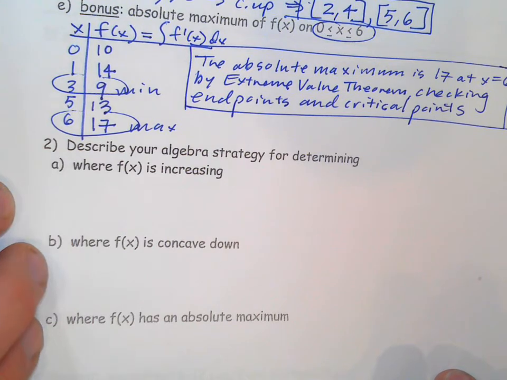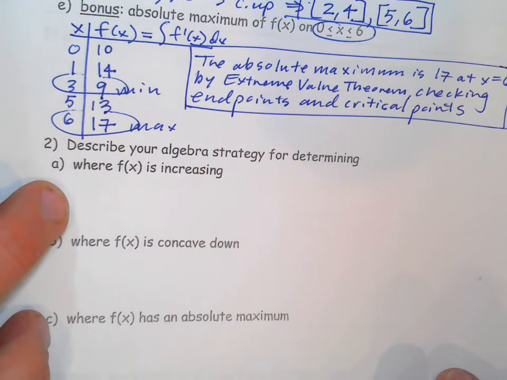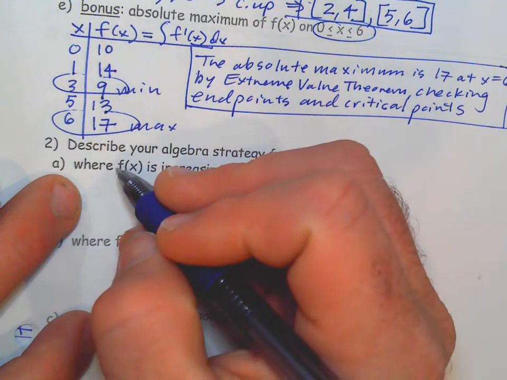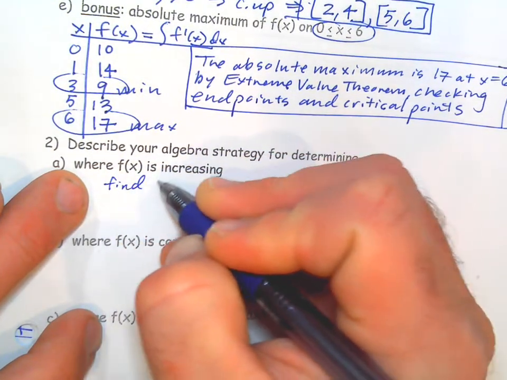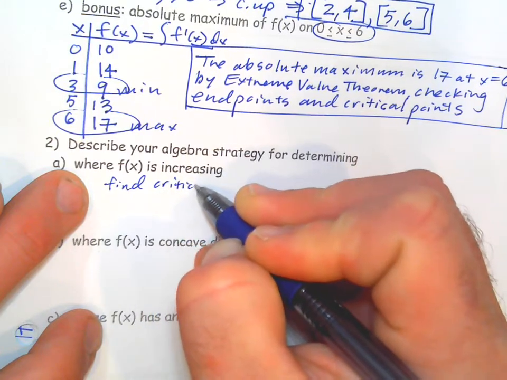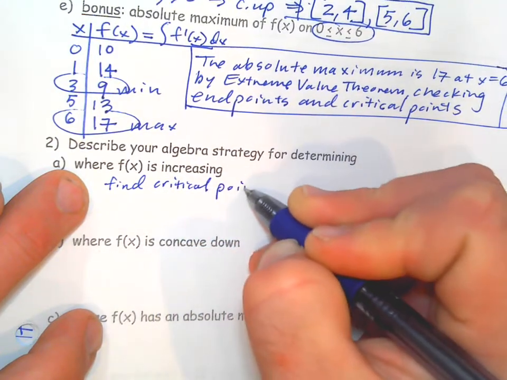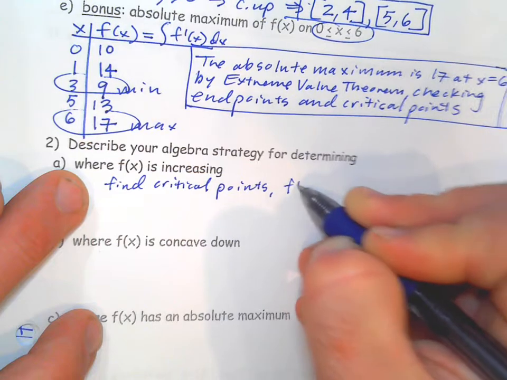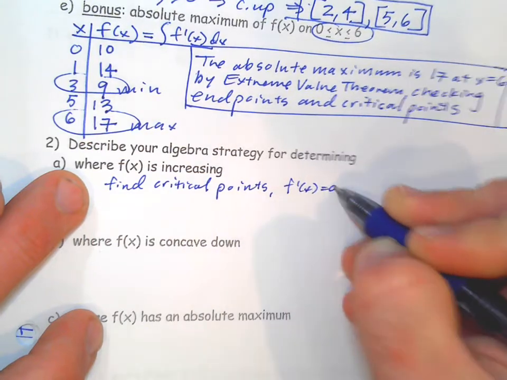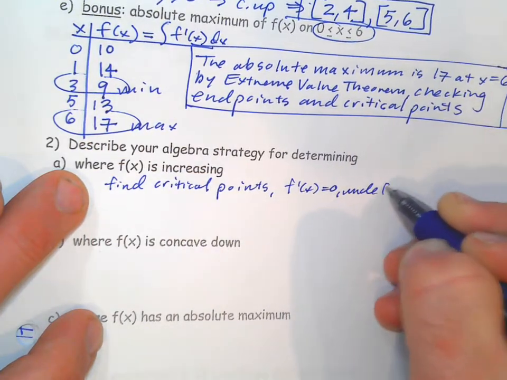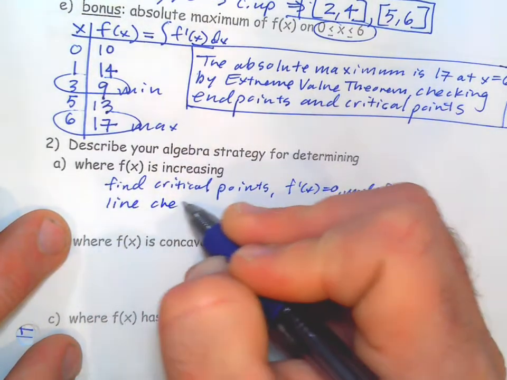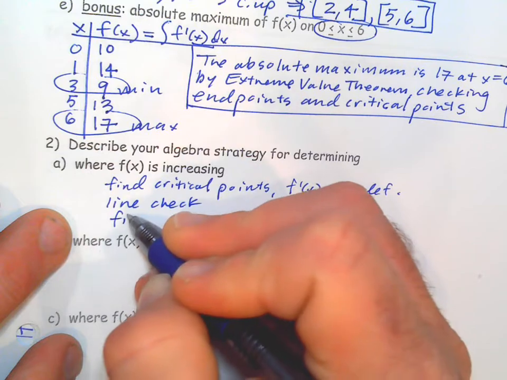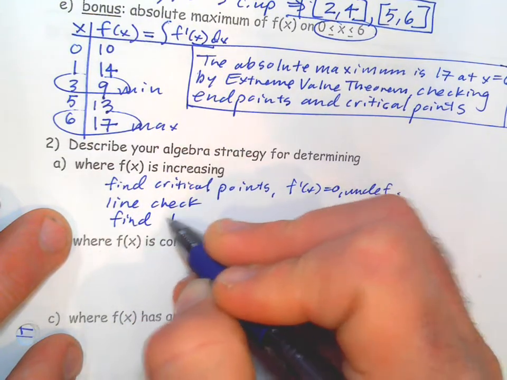Again, that's not necessarily an idea that we've talked about a lot. Describe your algebra strategy for determining where f of x is increasing. Well, I would find critical points, and those come from f prime of x equal to 0 or undefined. Then I would do a line check and find where it was positive.